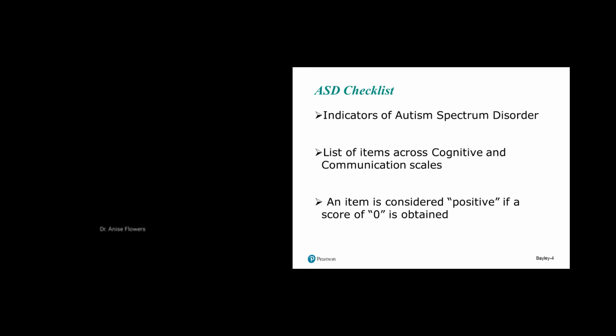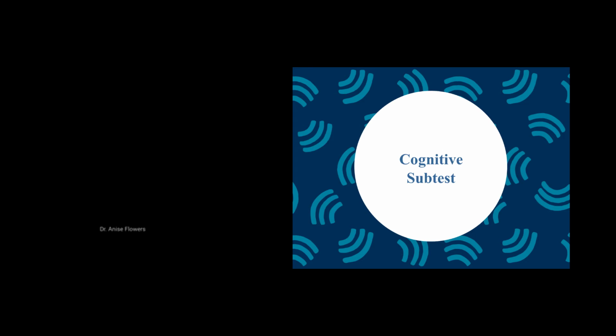So there's 25 Bayley-4 items that are considered potential indicators for autism spectrum disorder. Some of it is areas like imitation, social referencing, joint attention, as well as items that look at interactions with caregivers and with self. So we will look at those in more detail.